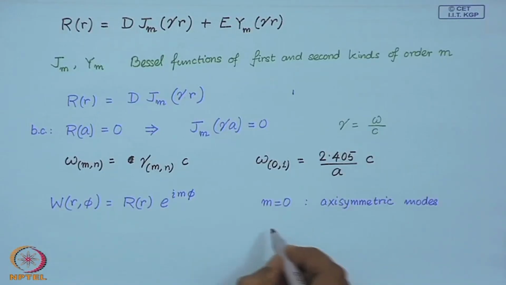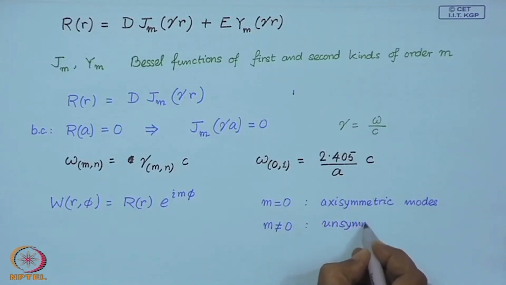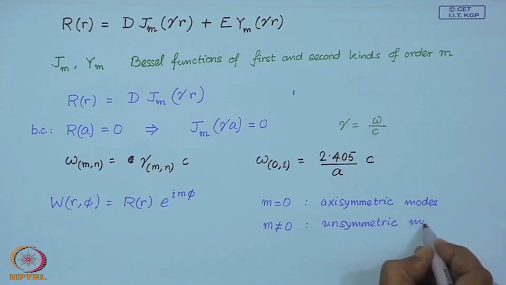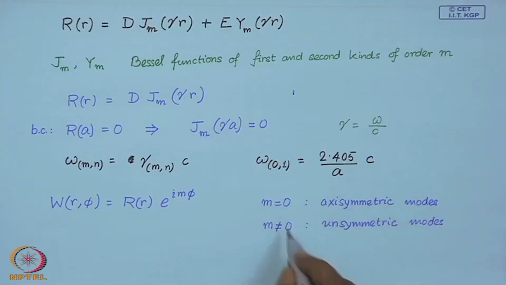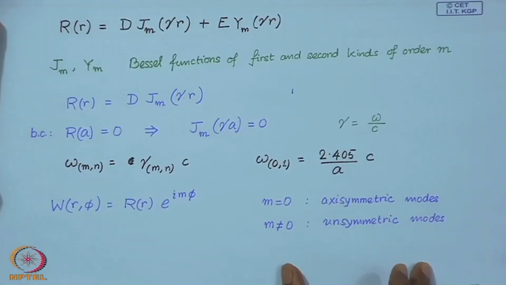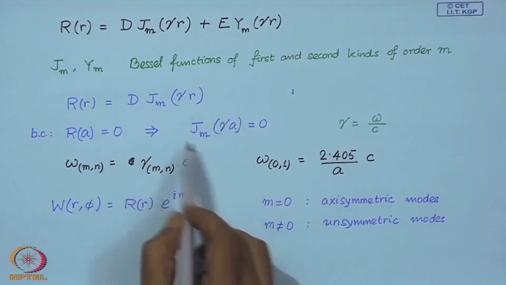And for m not equal to 0, we have the unsymmetric modes. Now, let us look at finding these roots of the Bessel function.